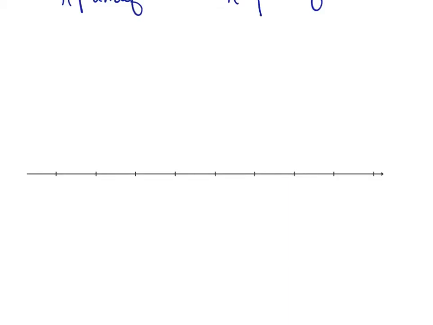Looking first at our tick marks. So we're looking at a period of π, so our increment is 1/4 of that. So 1π/4, 2π/4, 3π/4, 4π/4 is just π, 5π/4, 6π/4 reduces, 7π/4, 8π/4 reduces to 2π.